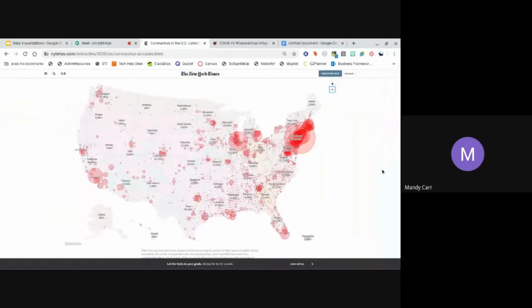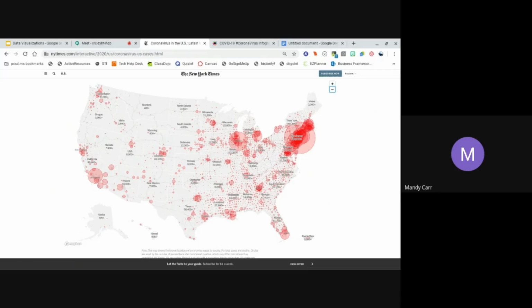on the computer screen. So this first one is a bubble map, and this is actually on the New York Times website. Now, this bubble map shows the number of cases in each county or parish in all the states in the United States. The larger the bubble, and you all can see the little bubbles that are all over the place, the larger the bubble, the more cases there are in that county.